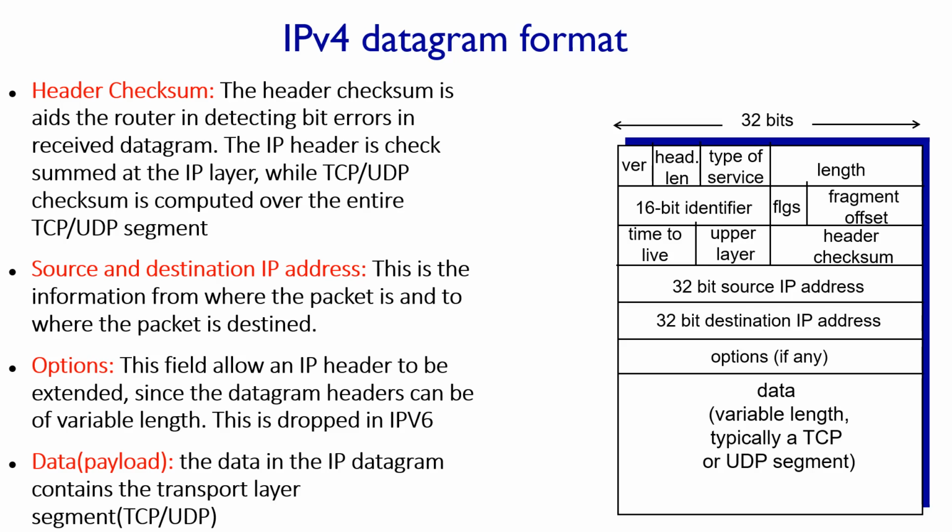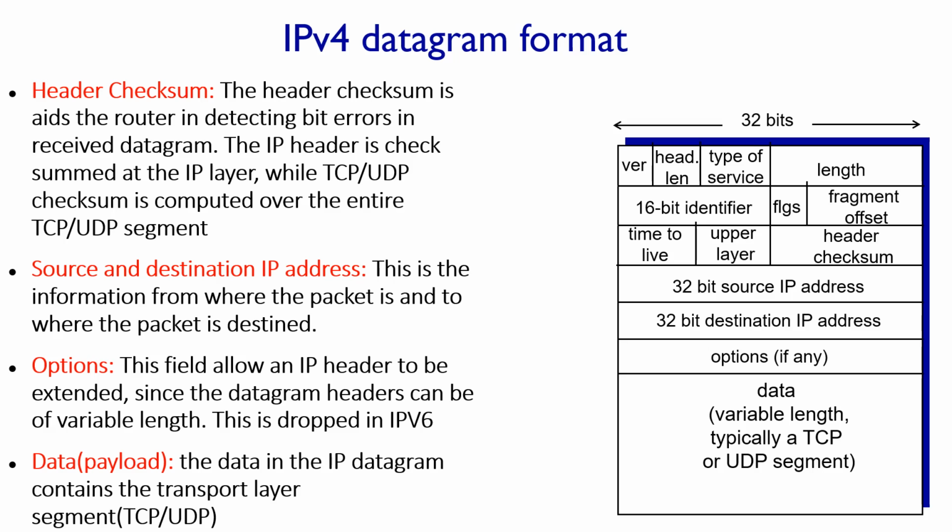In the TCP layer, the checksum computation was for the entire segment, that is, for the entire TCP or UDP segment, whereas in the datagram, the checksum is for the current datagram header only. The purpose is similar to the previous one, just to check the bit errors in the datagram.